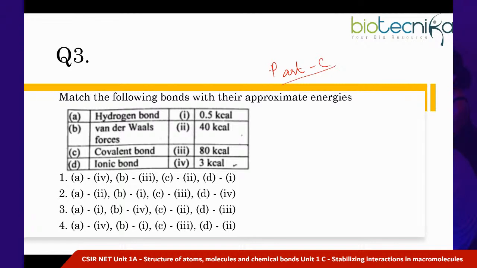First tell me, out of all this, which one do you think will be the strongest bond?